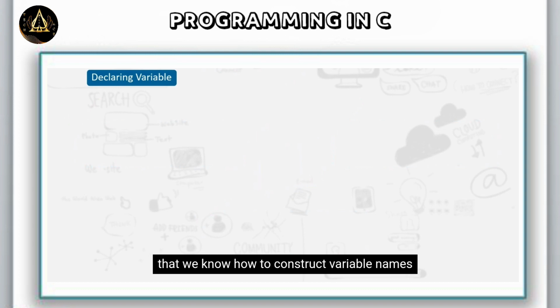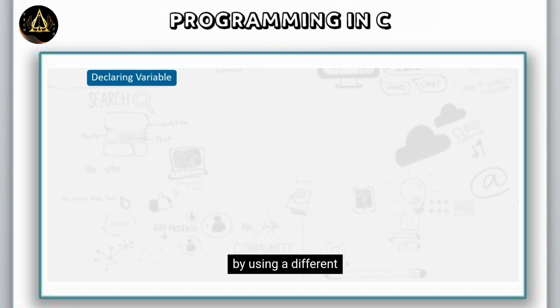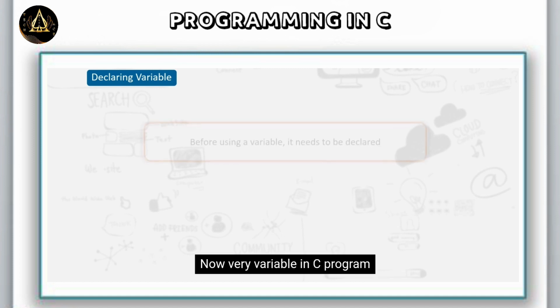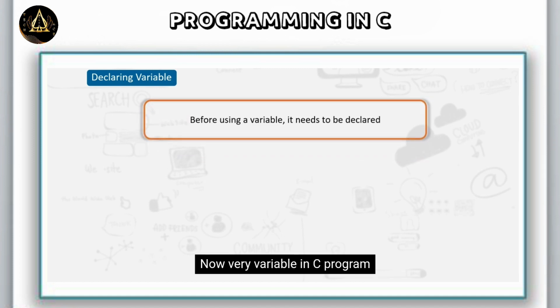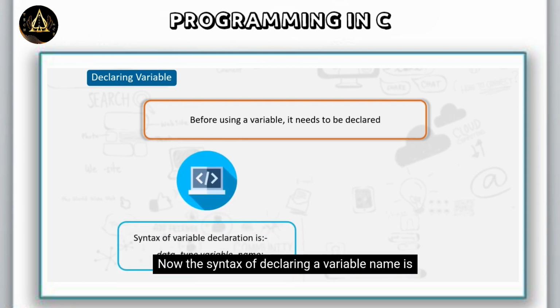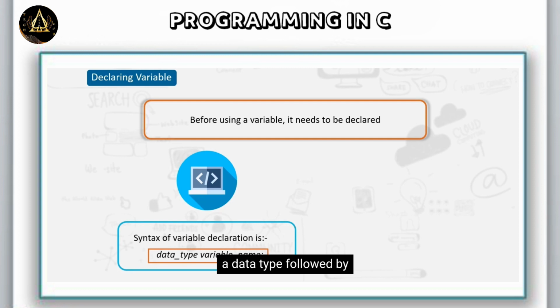Now that we know how to construct variable names by following different rules, we also have to know how to declare these variables. Every variable in a C program must be declared. The syntax of declaring a variable is data type followed by variable name.